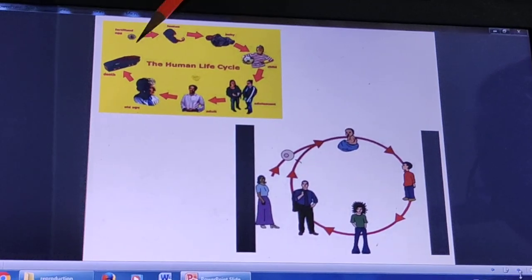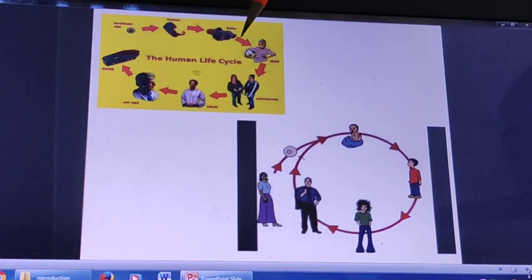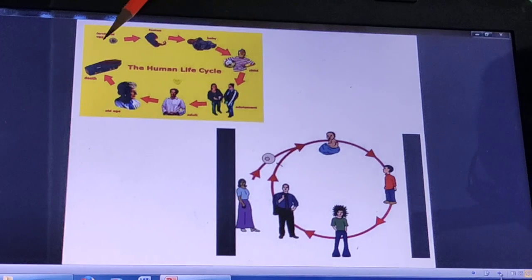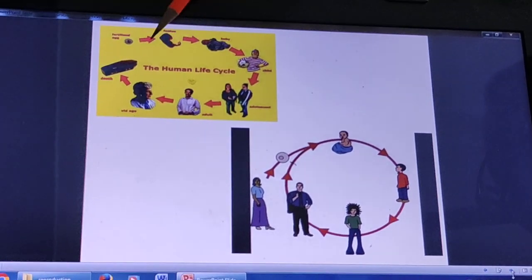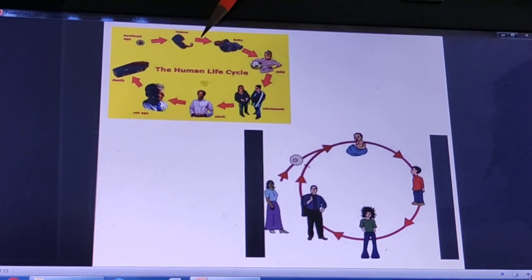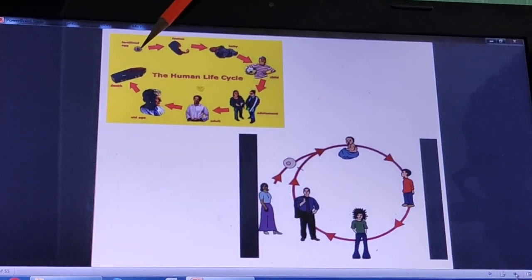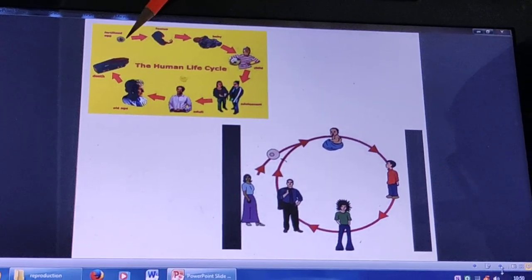So this zygote is the part of the offspring, as the zygote develops to fetus, fetus to baby. So this is the offspring. The first cell, the first structure of the offspring, is what? The fertilized egg, that is the zygote.